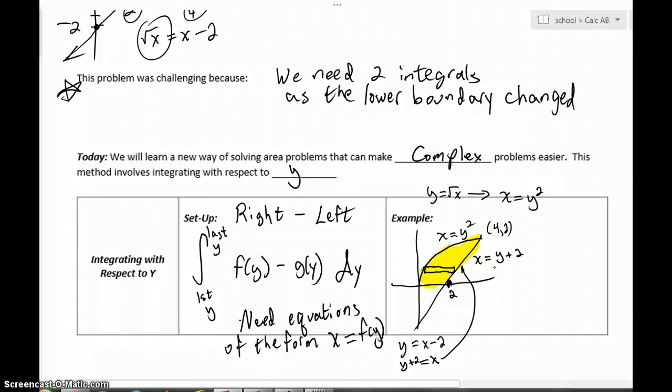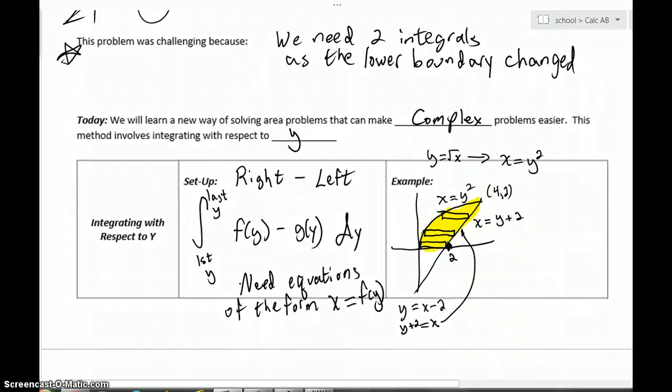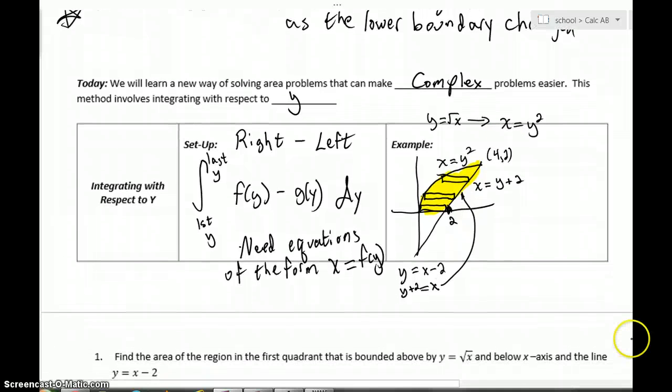That's the biggest thing that you'd need to see, the right and the left boundaries. The right boundary for any rectangle that you could draw here would always be the line x equals y plus 2. The left boundary of this little rectangle would be x equals y squared. So that could be extremely helpful.